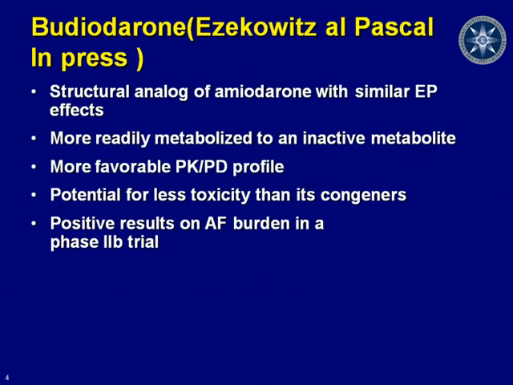So budiodarone is an amiodarone type with similar electrophysiologic effects as amiodarone, and has a profile that has a rapid absorption, rapid onset of action, and is cleared from the body within 48 hours.